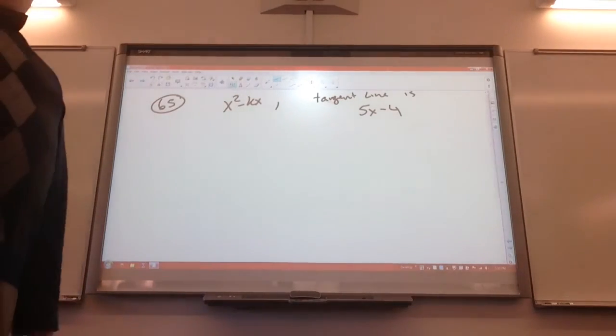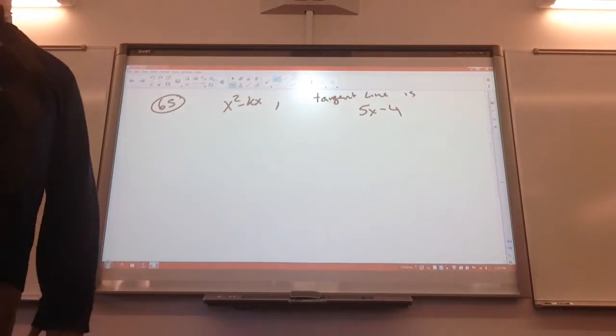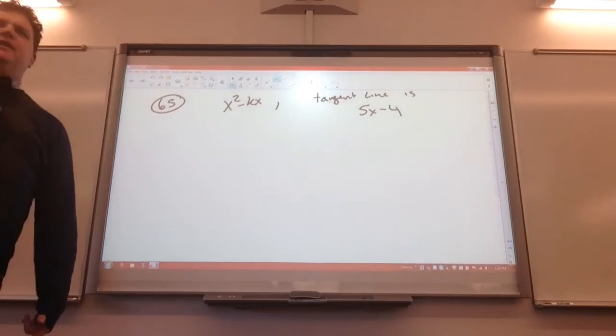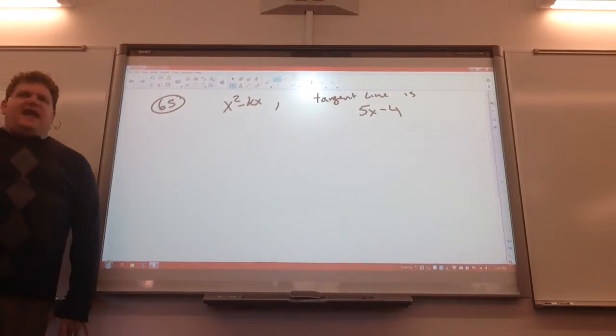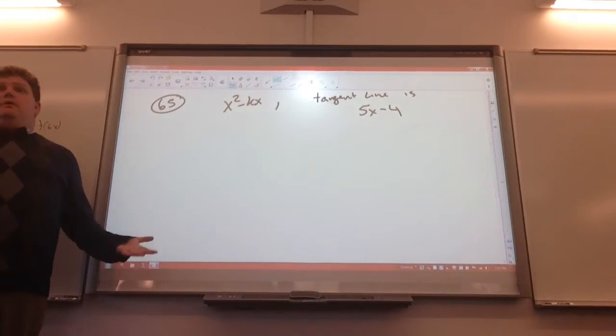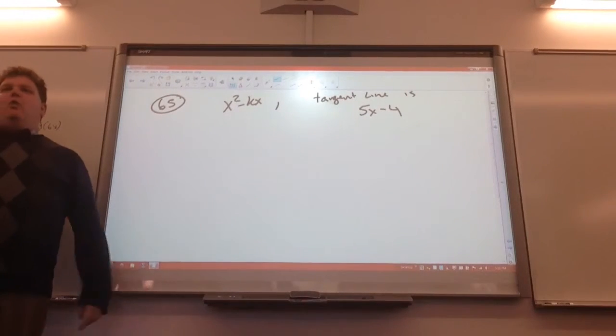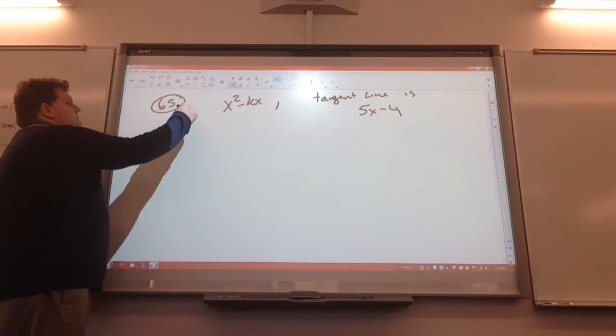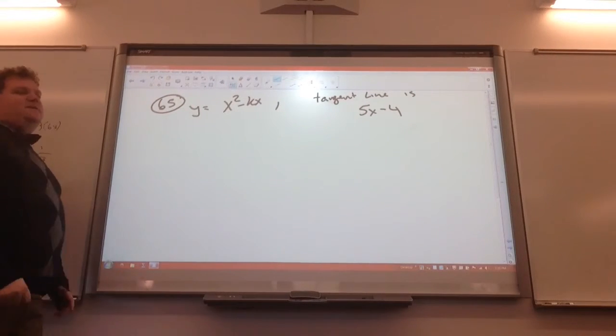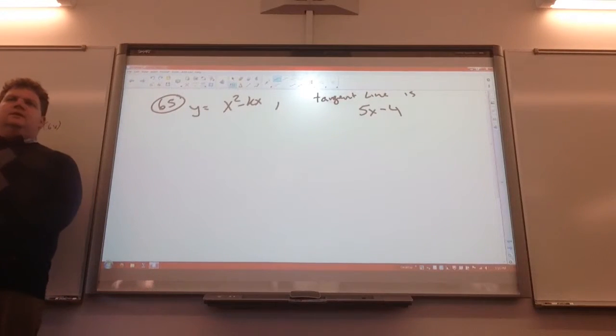A problem like this takes some thinking through. In order to find k, there are some things I've got to know. First and foremost, the tangent line and the function share what? The x, the point of tangency.